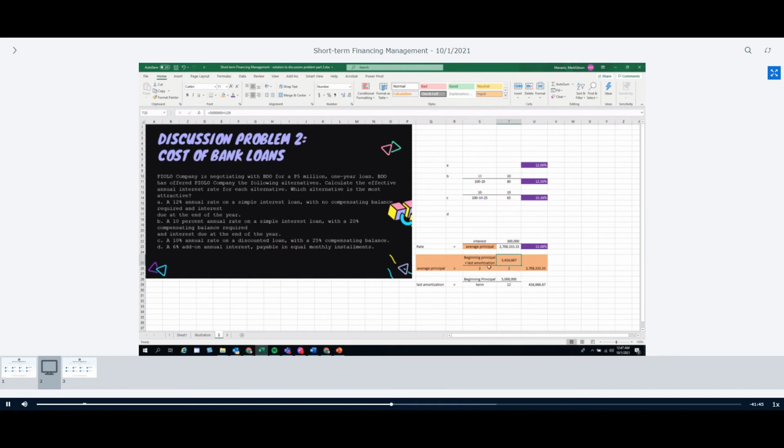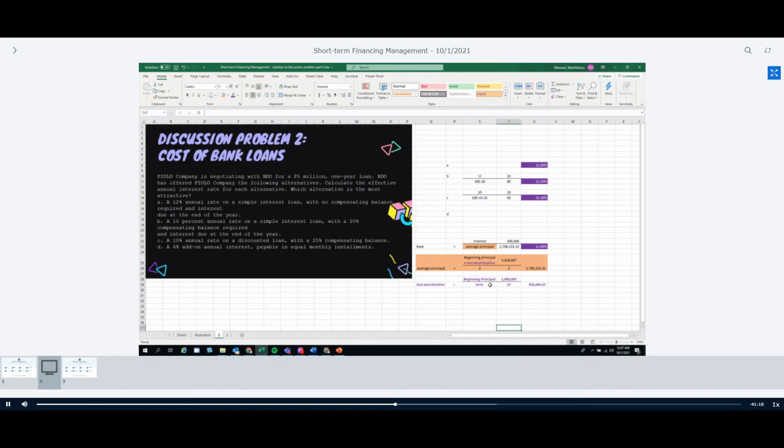Para lang at least mas malinaw, paano ba yung pag-compute ng last amortization? So yung last amortization, nilagay ko lang din dito, how to compute for the last amortization. Okay. So it's beginning principal divided by the term.